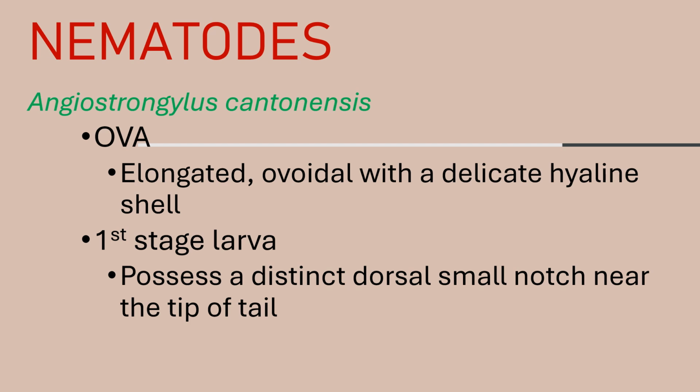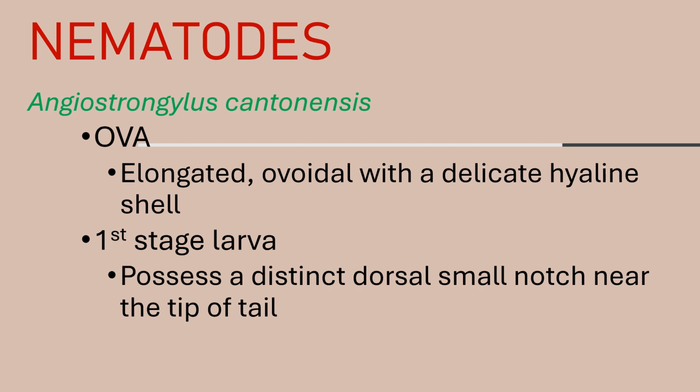Ova of Angiostrongylus cantonensis are 48 by 68 to 74 micrometers. They are elongated ovoidal eggs that have delicate hyaline shells, and they are unembryonated when deposited.